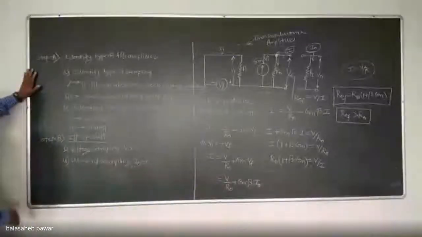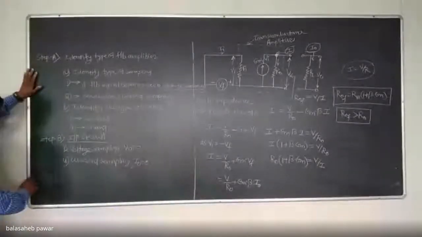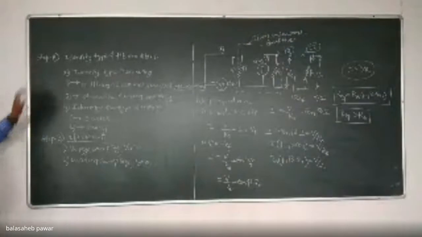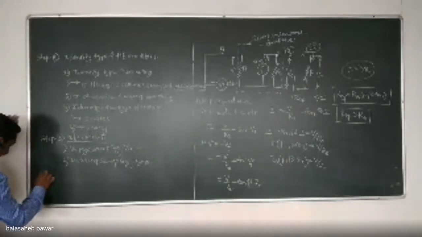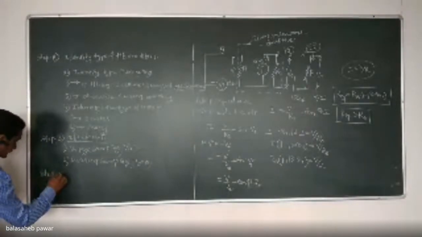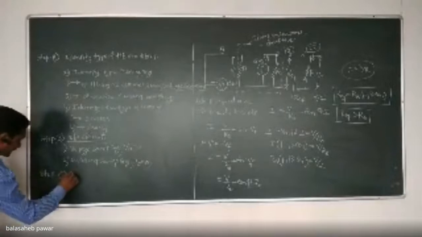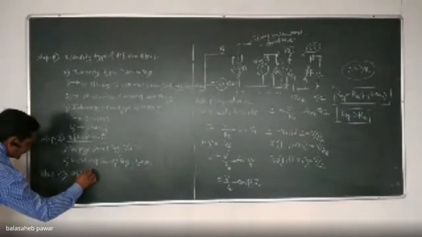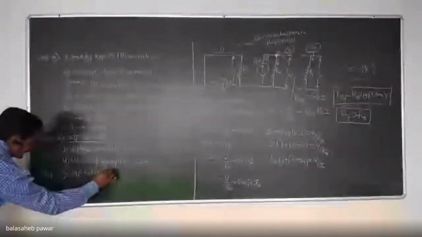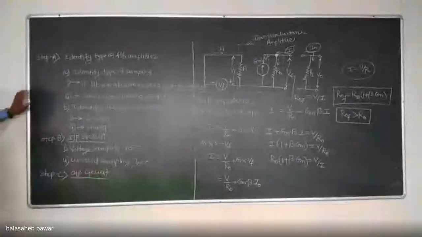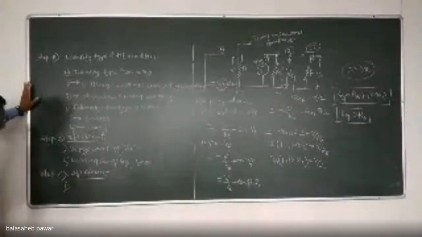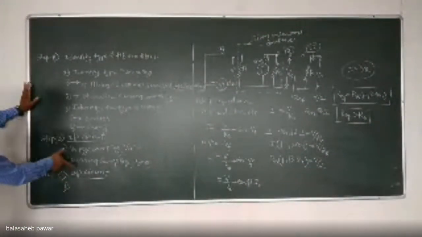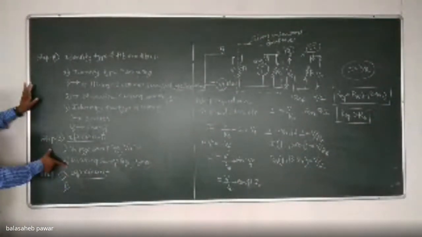Then next one, that is to draw the output circuit. So consider it as step C. Okay. To draw the output circuit now, you will concentrate by applying the basic concept from step B. To draw the input circuit, we consider the type of sampling.